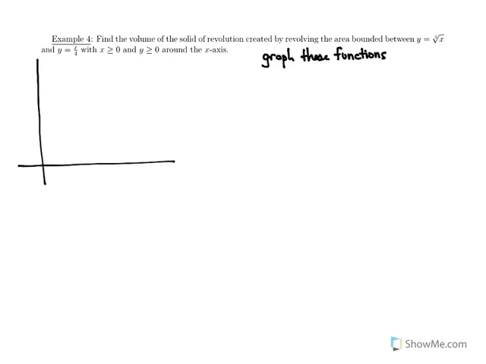It might be helpful to understand what the intersection points are. We have cube root of x is equal to x over 4. We should cube both sides.